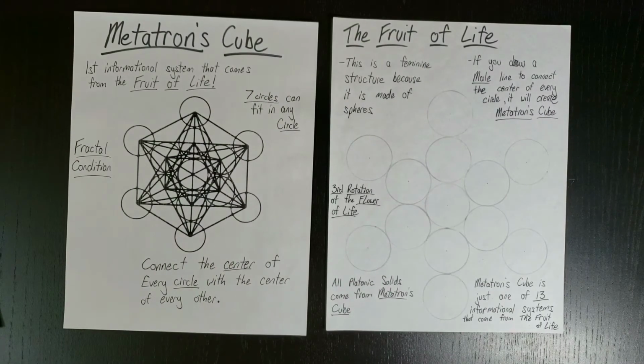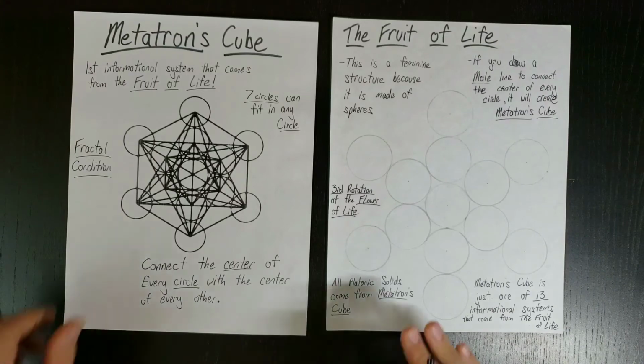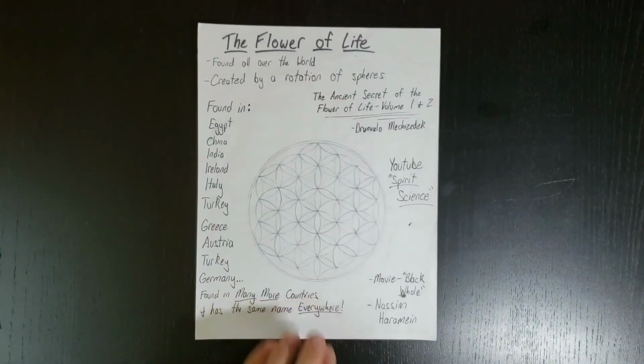Now, the fruit of life is created from the 3rd rotation of the flower of life. The flower of life, it's been found all over the world, and it always has the same name all throughout history. Now, this pattern is a 2-dimensional informational system created through a technique called shadowing.